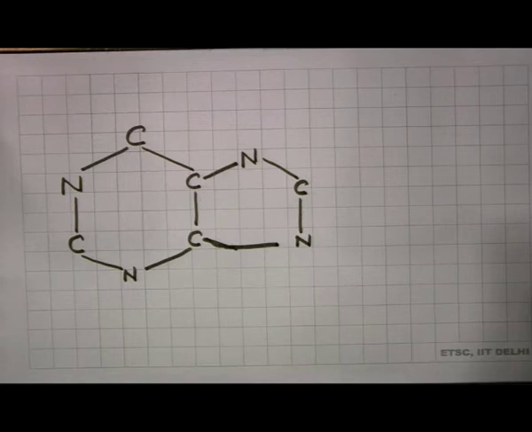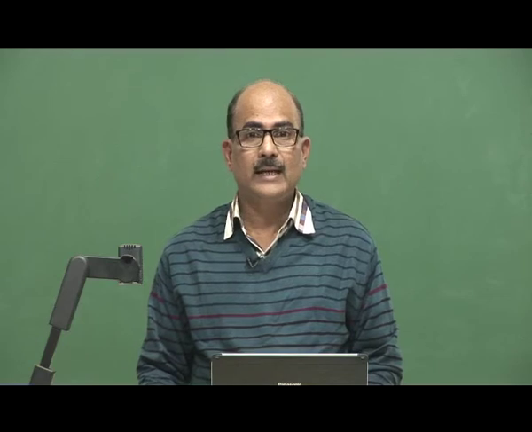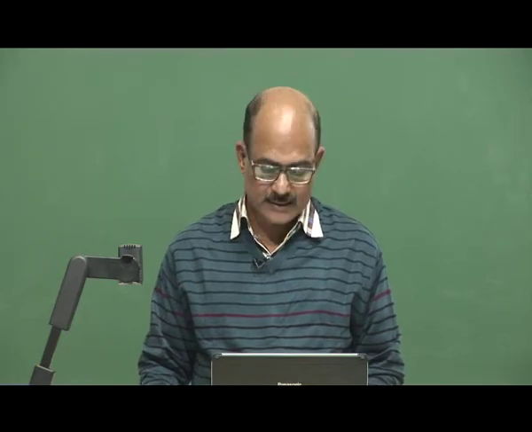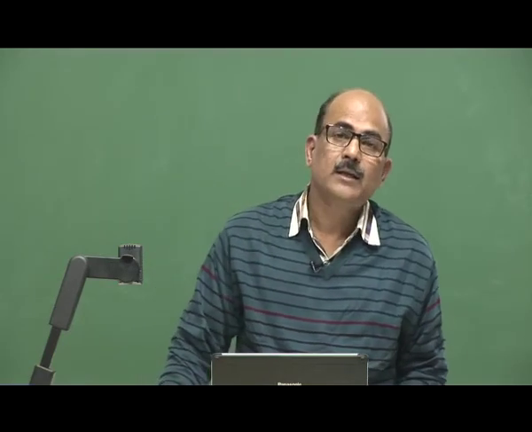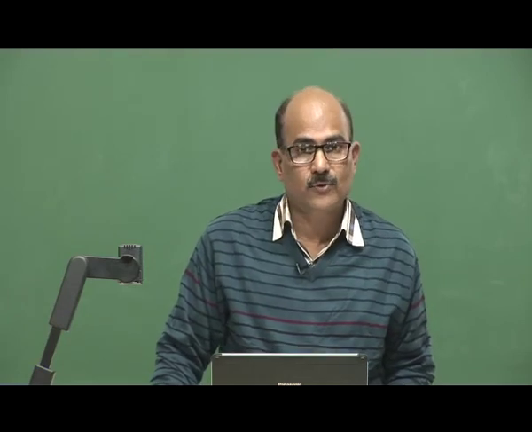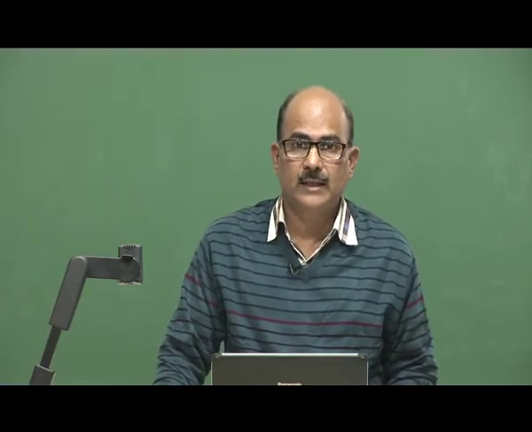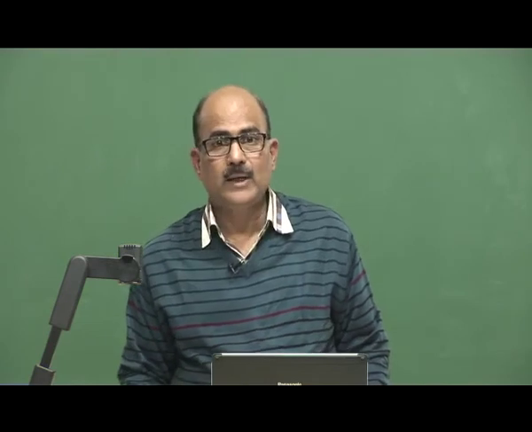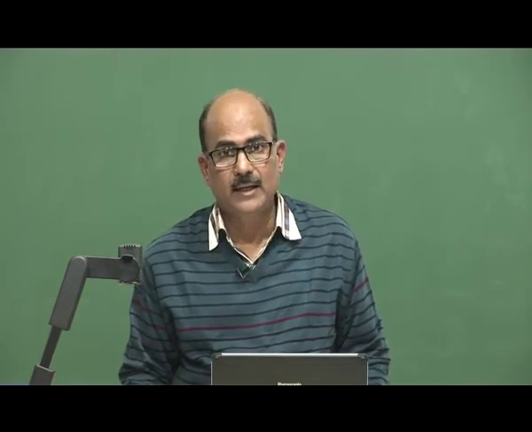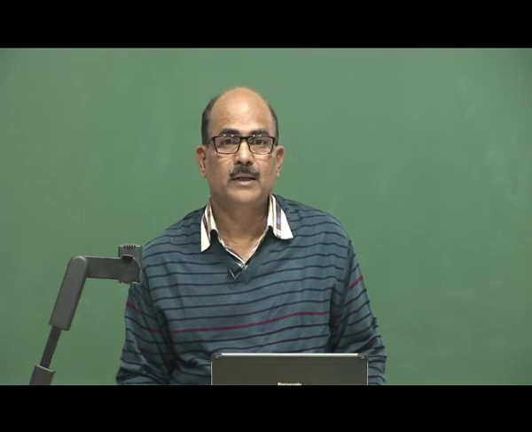Now, when we know the chemical name of the purine, adenine and guanine, we can easily write it with the help of this skeleton, and by knowing the valency of carbon, that is 4, and nitrogen, that is 3. So, by knowing this, we can easily write the structure of all 5 types of nitrogenous bases.